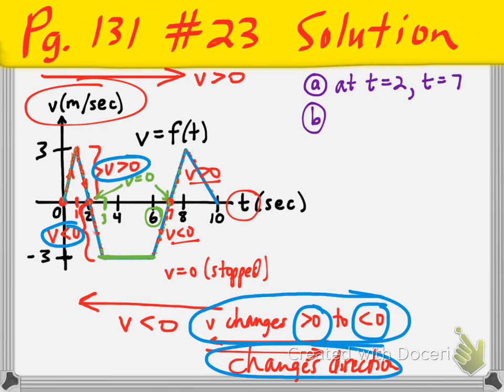Okay, and then it gets as big as it can get again. So again, the velocity is 3 when t equals 8, and then back down to here. So the velocity is constantly changing all the way along the graph, except for right here, from about t equals 3 to t equals 6.